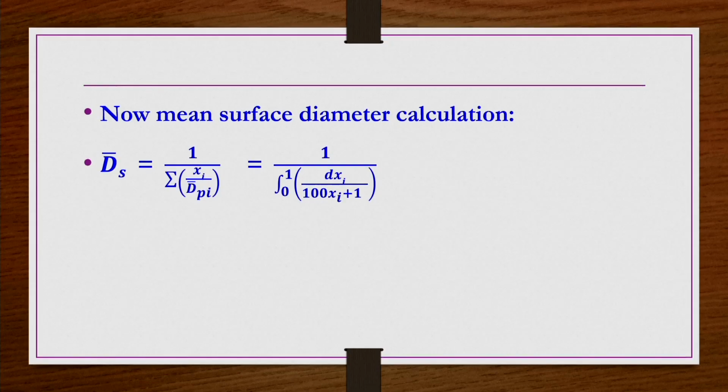The other way: we know the Sauter mean diameter is 1 by Σ xi by d̄pi. It is a summation, but an integral we can also do, because now the equation is known. So 1 by the integral from 0 to 1 of dxi by d̄pi, where d̄pi is 100 xi plus 1.